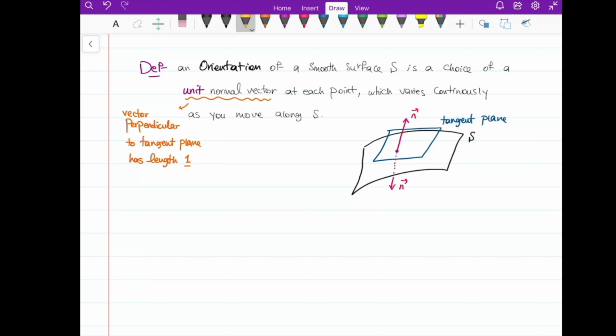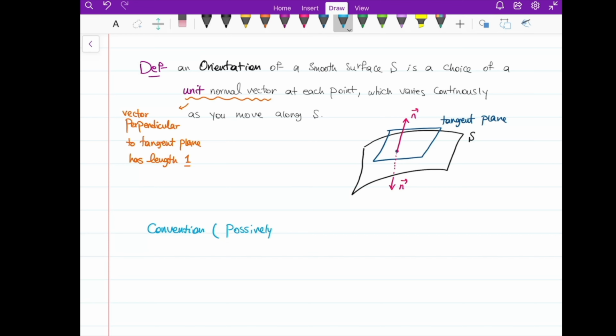And then we say that by convention, one of these orientations is the positive orientation, and we're going to be consistent for all of our work and choose that orientation in our problems.